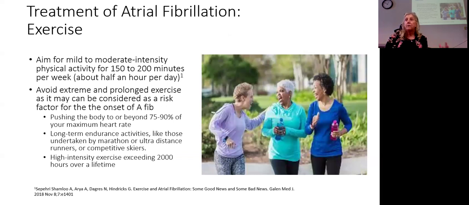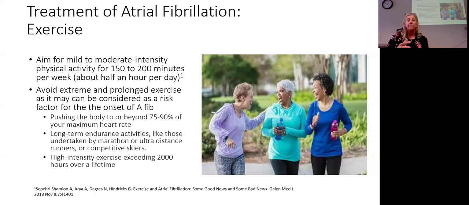And exercise, I made a whole separate slide for this. Aim for mild to moderate intensity exercise, physical activity, 150 to 200 minutes per week, which is about a half an hour a day. So all of that reduces your risk for AFib. But avoid extreme prolonged exercise, as this may be considered a risk factor for the onset of atrial fibrillation.